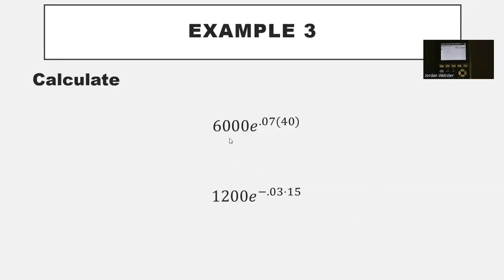And so you might see a calculation like this, where we have 6,000 times e to the 0.07 times 40, or 1,200 times e to the negative 0.03 times 15. If I want to do these two on my calculator, it's perfectly fine. I just need to know where the e button is.